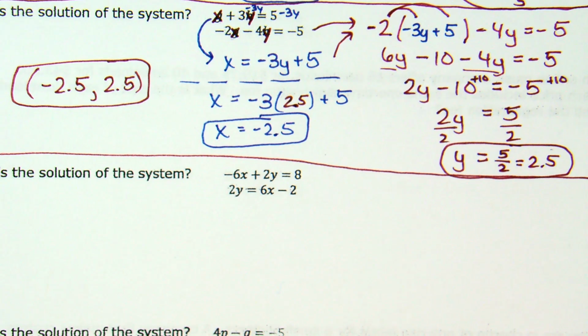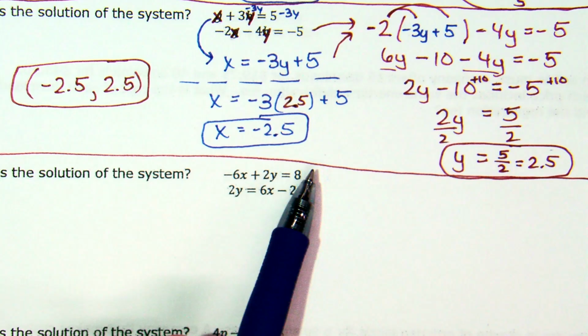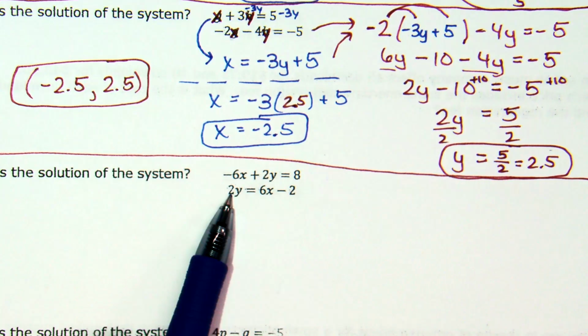No. I want to be like everyone else. Okay, so valid point. Officially, you can solve either of these. Now, in both cases, I would say it'd be easier to solve for y, because you could add the 6x over, divide by 2, but it's even a little easier to just do that right here.